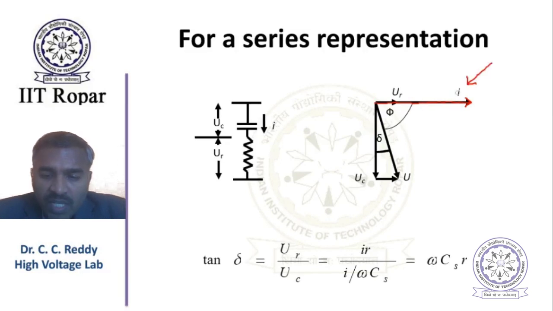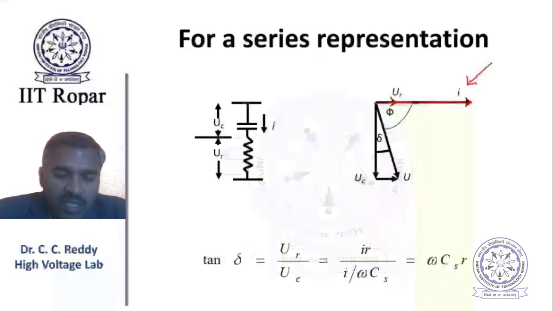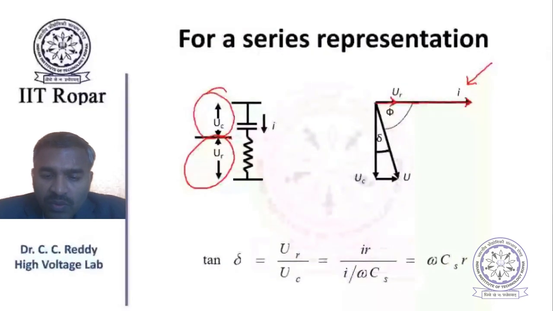Now, if current I is chosen, immediately the resistive portion of the voltage, I into R, is in phase with it. That is UR. This is the resistive part of the voltage, and this is the capacitive part of the voltage. Again, the capacitive part of the voltage will be lagging it by 90 degrees.